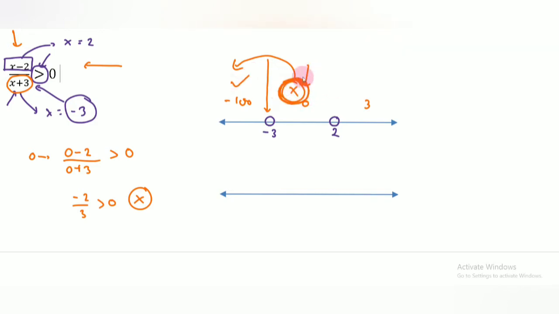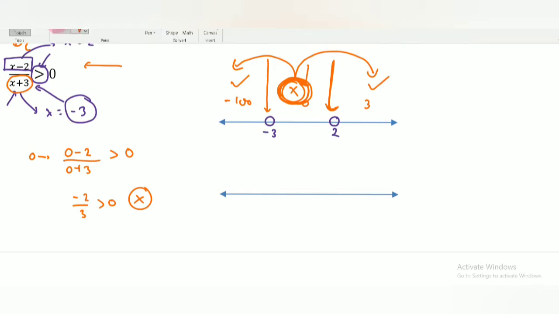Let's go from this area. When we go to the right, we are passing this factor, x minus 2. Since x minus 2 is only one factor in that rational algebraic expression, and before we had the condition that it doesn't satisfy, it means it will satisfy.